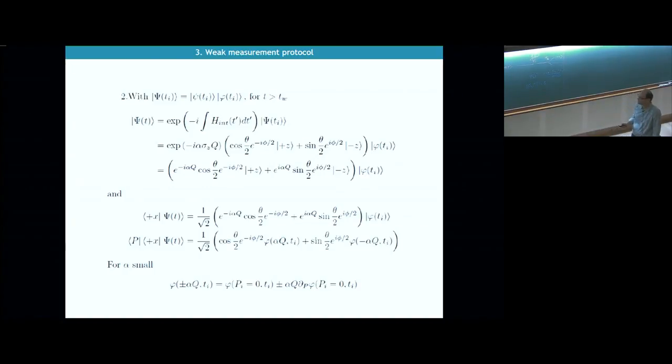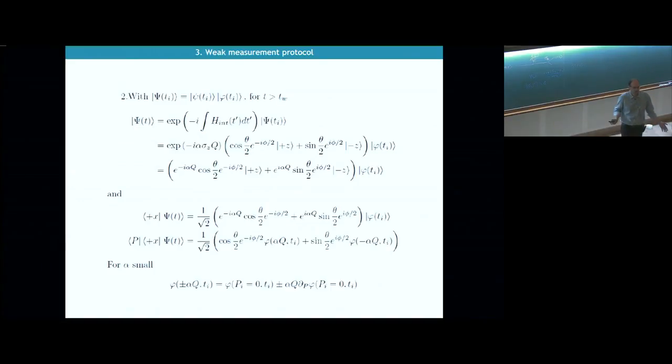I'm projecting here. If we assume, which is not written here, that initially we had phi with 0 momentum, then we just have translations. So this gives you plus alpha q and minus alpha q. Now you have the explicit entangled form for your state and pointer state.